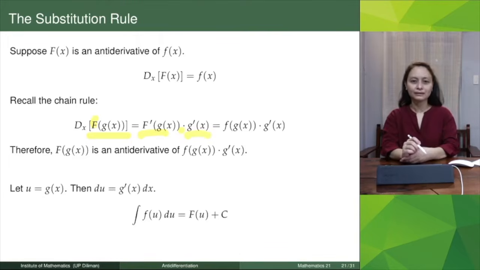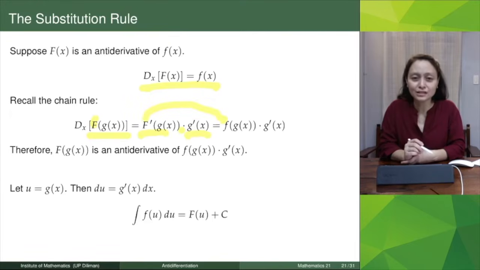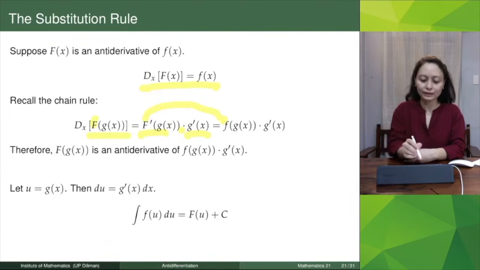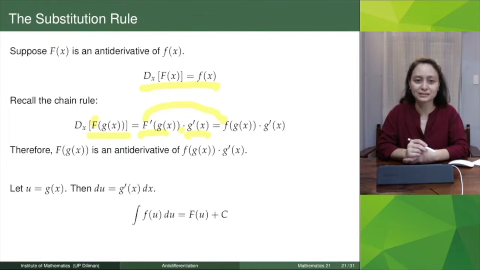Okay? But sabi natin dito, the derivative of capital F of x is small f of x. Kaya napalitan niya ng small f of g of x times g prime of x. Therefore, ito, yung capital F of g of x is an antiderivative of this function f of g of x times g prime of x.